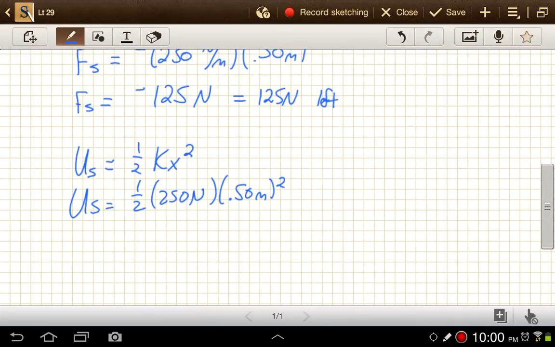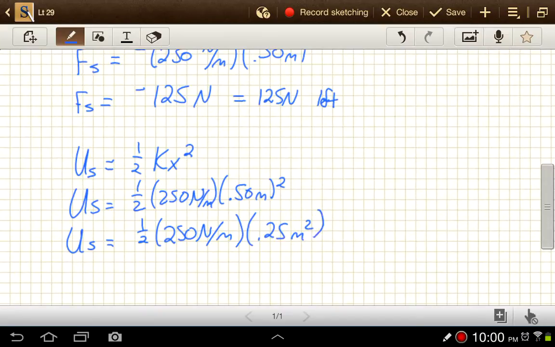And again, it doesn't matter whether we have that 0.50 as a positive or a negative, because it gets squared. We lose that information anyway. So U_S then is going to be 1/2 times 250 newtons per meter times 0.25 square meters.